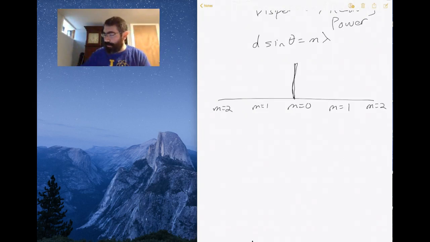What you would see is a red line at each of these, m equals 1, m equals 2. Then you would see a green line, and then you would see maybe a blue line. So the colors would disperse. They would spread out.